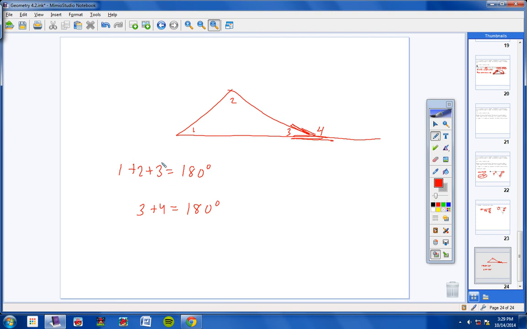So look, 1 plus 2 has to be the same thing as 4. Because if 1 plus 2 plus 3 is 180, and 3 plus 4 is 180, take away angle 3, and you're left with 1 plus 2 has to be the same thing as angle 4.